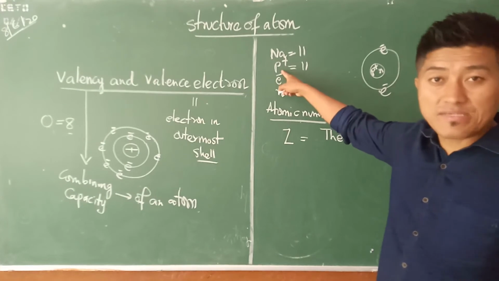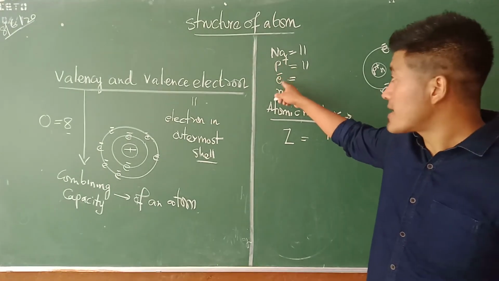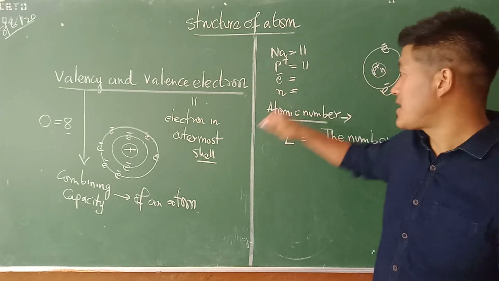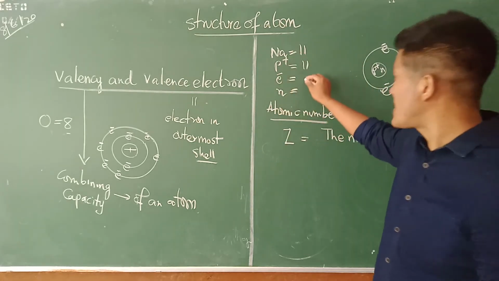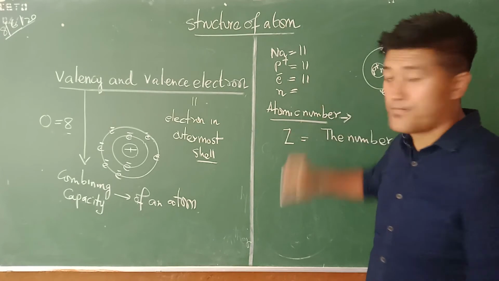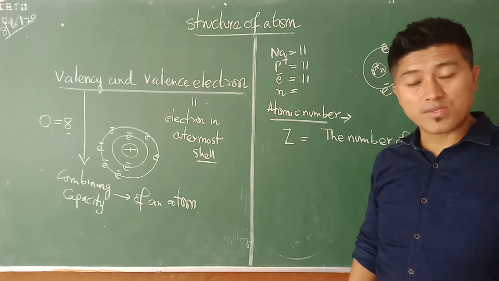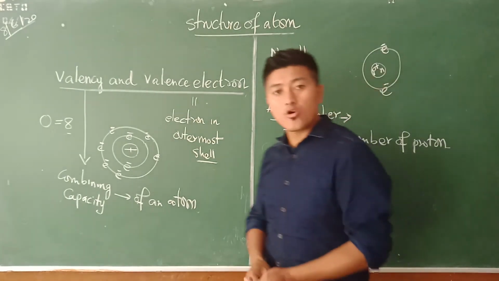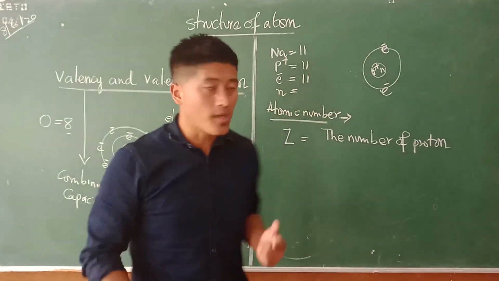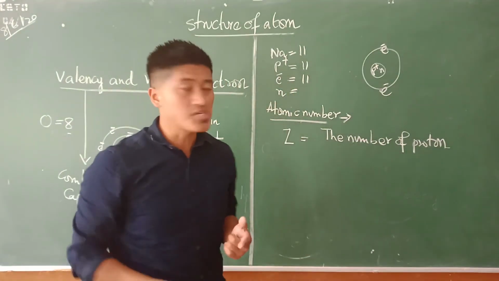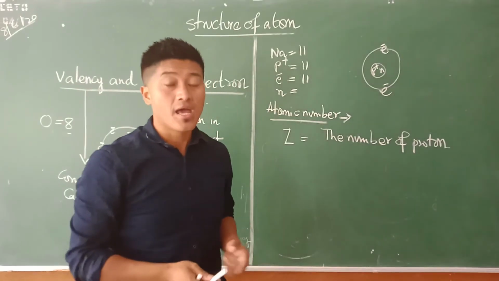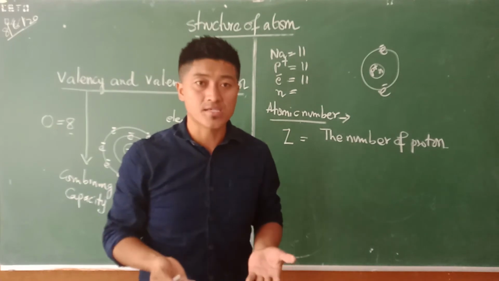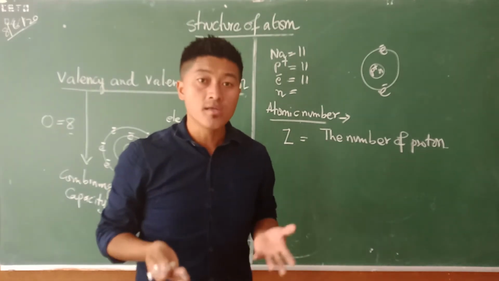But proton is positively charged, whereas electron is negatively charged. So it is very important in atomic structure that the number of electrons should also be 11. Now you must be thinking, why should electron be equal to proton? Because electron is negatively charged, whereas proton is positively charged, and they neutralize each other, which proves that an atom is always neutral by nature.